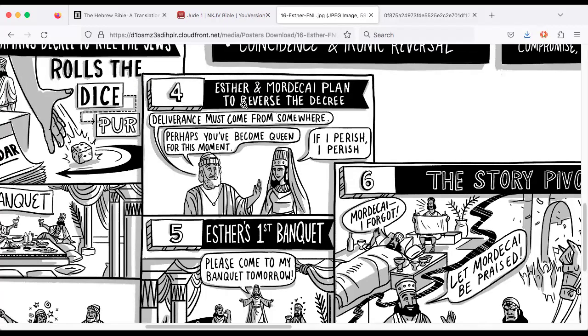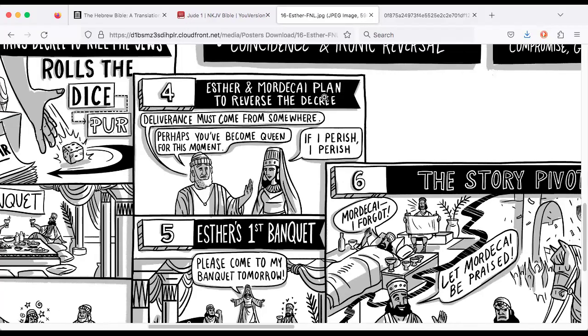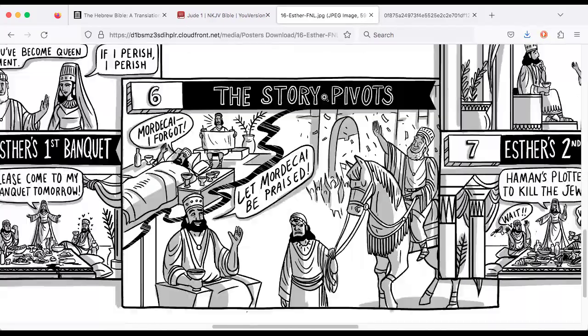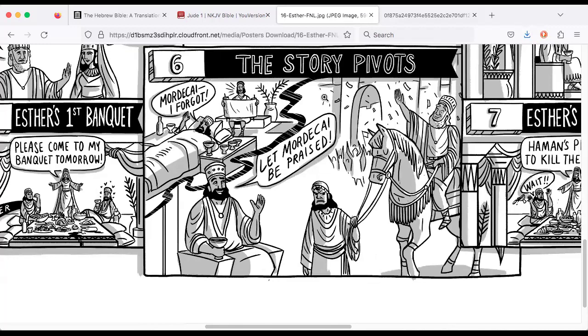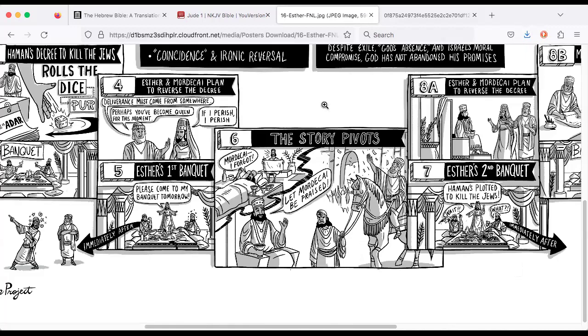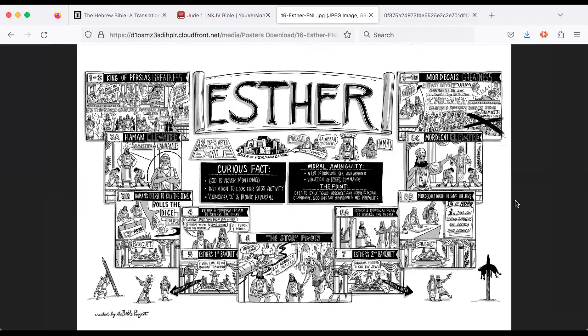You have Esther and Mordecai's plan to reverse the decree, so that's almost exactly parallel. And then you have the first banquet and the second banquet, and in between them, that pivot point is where the story pivots. So it's a parallel construction. Here's the putting up of the gallows, only he ends up on it. So when you look up that poster, you can see how the story was made parallel.